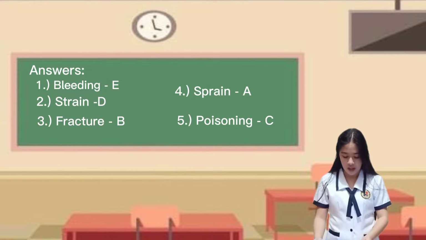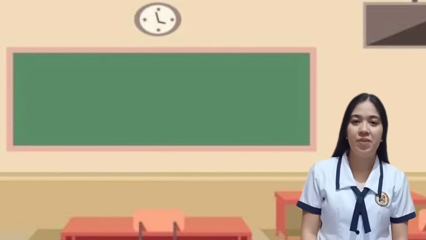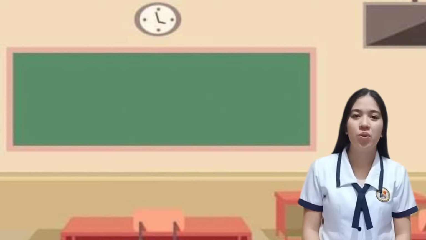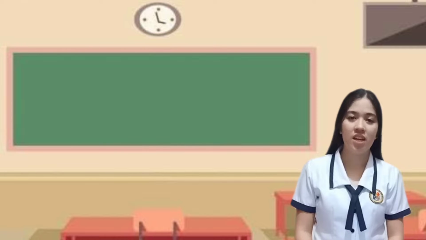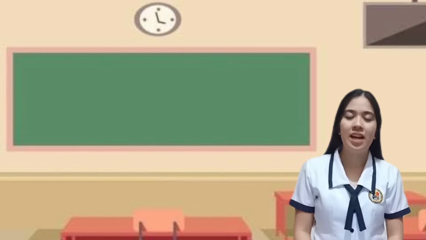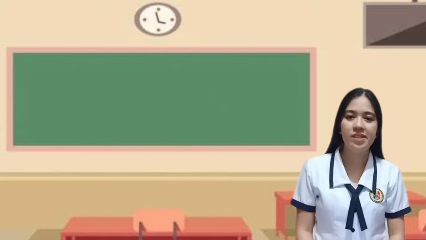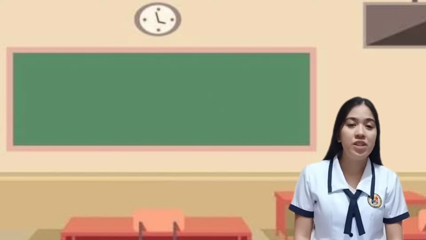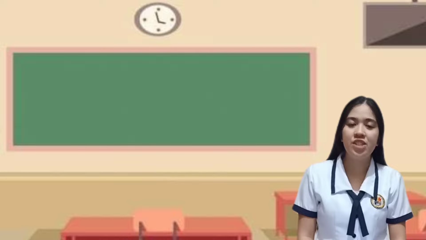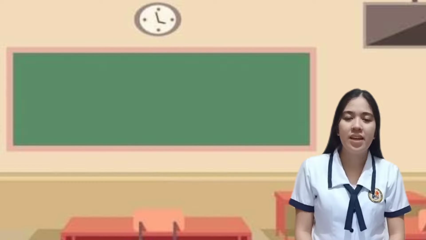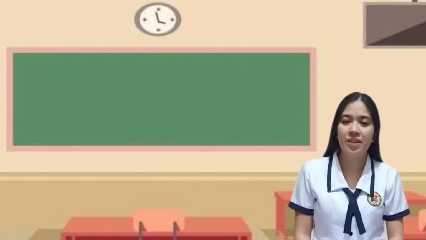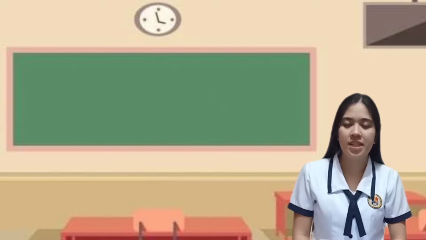Very good. So class, before we start our discussion, we will have a short activity. This activity will help us know how knowledgeable you are on giving first aid. I will show you a picture of an injury and then tell me what kind of injury it is and what immediate action must be done.